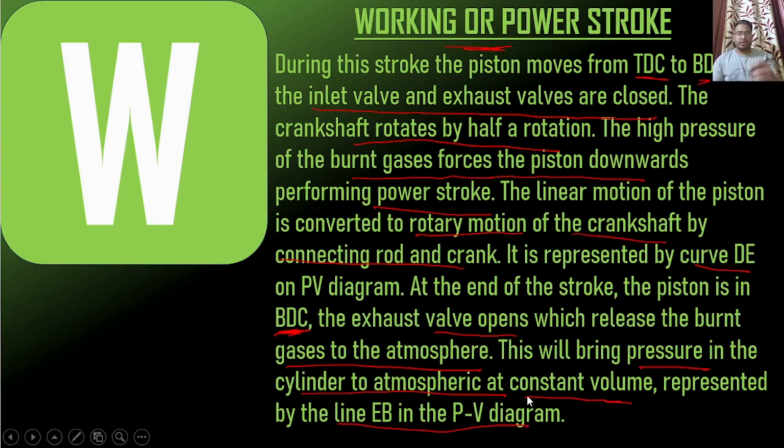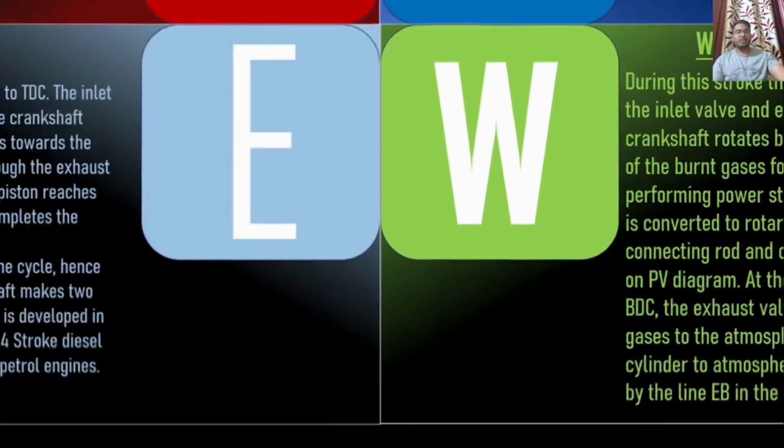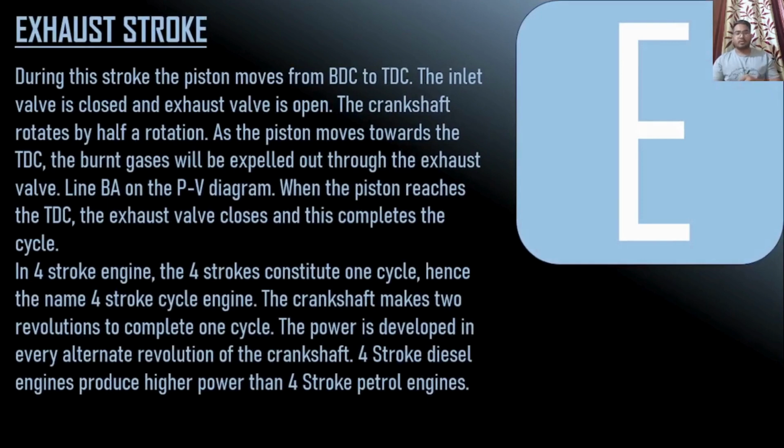Now let's get to the next stage, that is the exhaust stroke. During this stroke, the piston moves from BDC to TDC. The inlet valve is closed and the exhaust valve is open. The crankshaft rotates by half a rotation. As the piston moves towards the TDC, the burnt gases are expelled out through the exhaust valve.